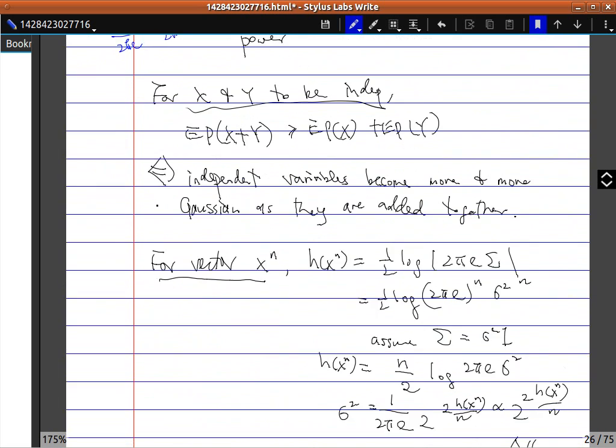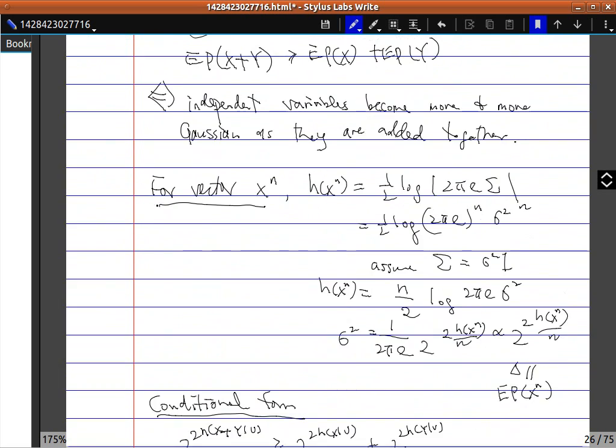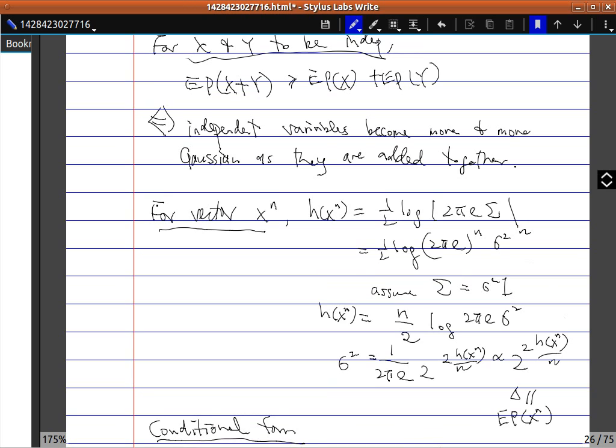Now we can write a vector form of the entropy power inequality for a vector random variable X^n. Let's say X^n has a covariance matrix sigma squared I, where sigma squared is the variance of each component.